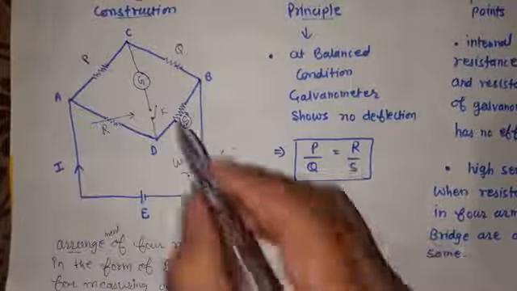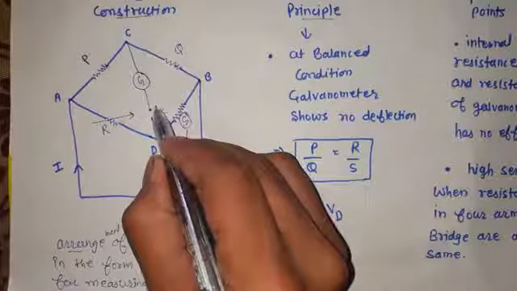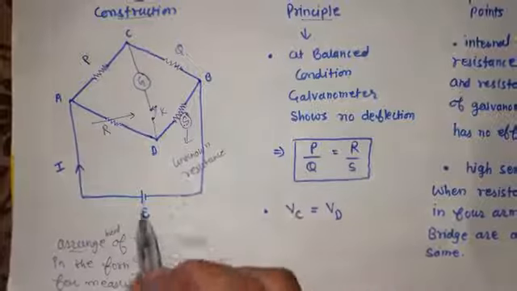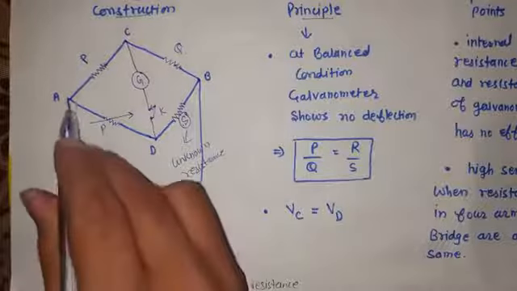Now when we close this switch, there is a flow of current in the circuit.